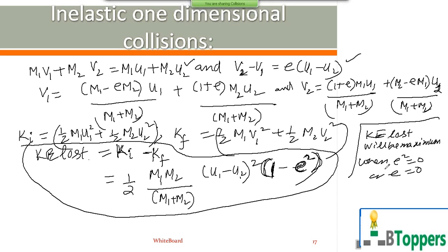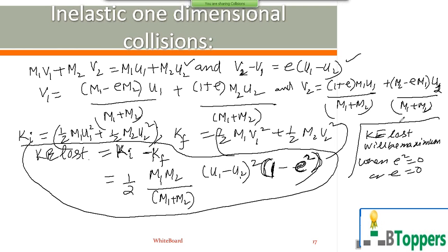E is 0 in the case of completely inelastic collision. So if the two colliding bodies stick together or move together after collision, then e will be 0 because V2 and V1 will be equal. Then the greatest possible loss of kinetic energy takes place. That's why when the two colliding bodies move together or stick together after collision, we call it completely inelastic collision.